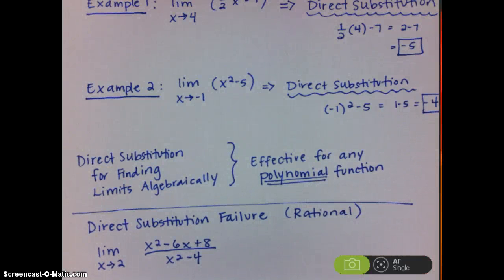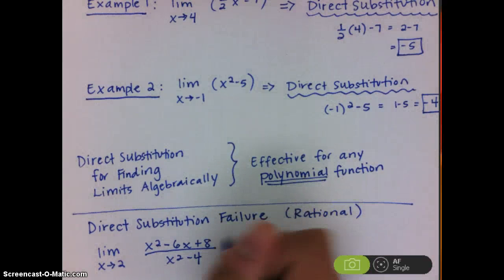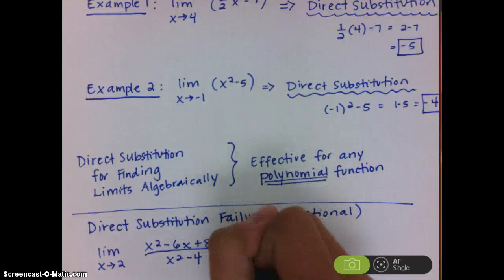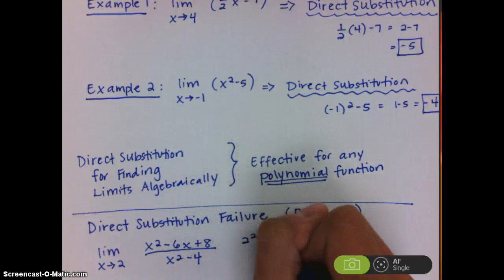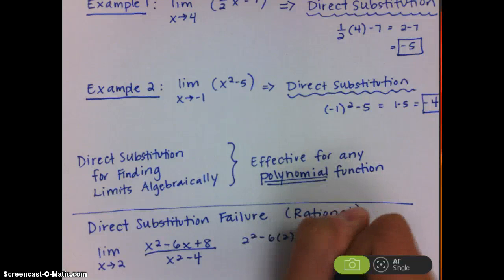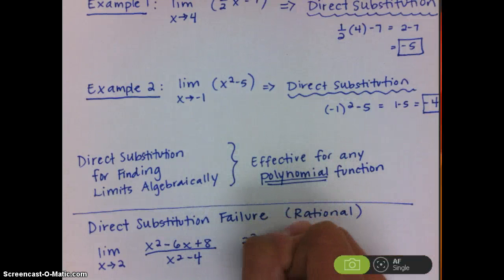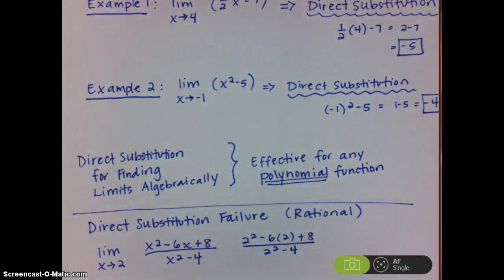And let's try to plug 2 into the rational function and see if direct substitution is going to be a possibility for this particular limit. So if we were to plug 2 in, let's keep going and calculate what these values are. And I'll let you continue on that while I calculate as well.